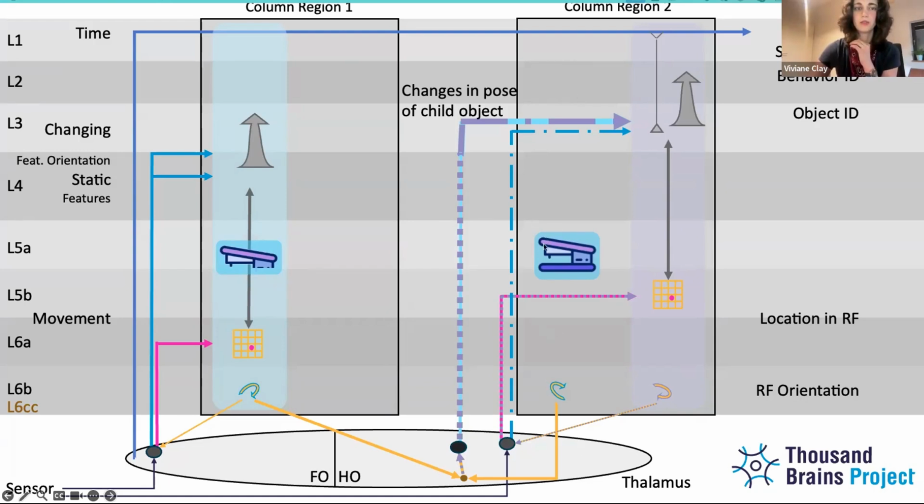We assign the stapler top to the full stapler model here. But if the stapler top now changes its orientation because the stapler is opening, whatever we are calculating here is suddenly changing, and that change in pose of the child object will then be sent to the behavior model. Yeah, I think that makes sense.